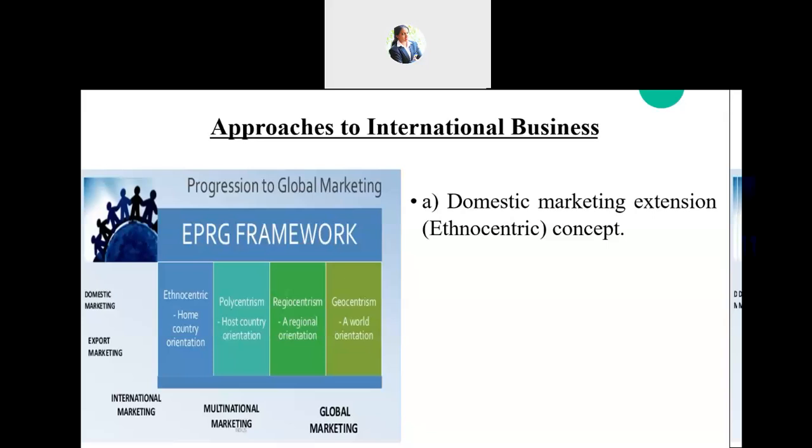Such companies would always ignore the potential opportunities outside the home country, and that's why they are always referred to as domestic companies. Now, the organizations which have this ethnocentric orientation will always be guided by the casual players in the overseas market.